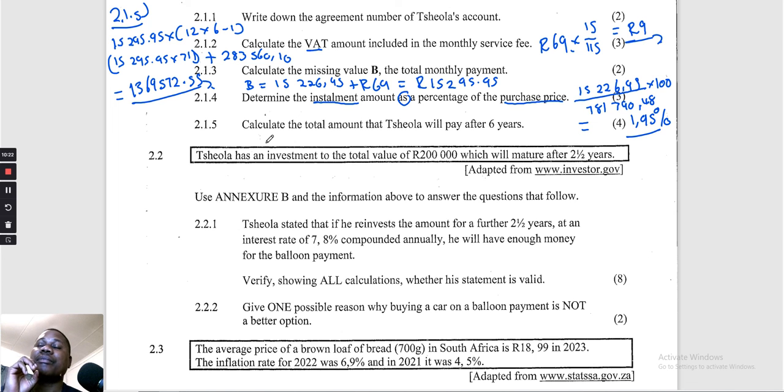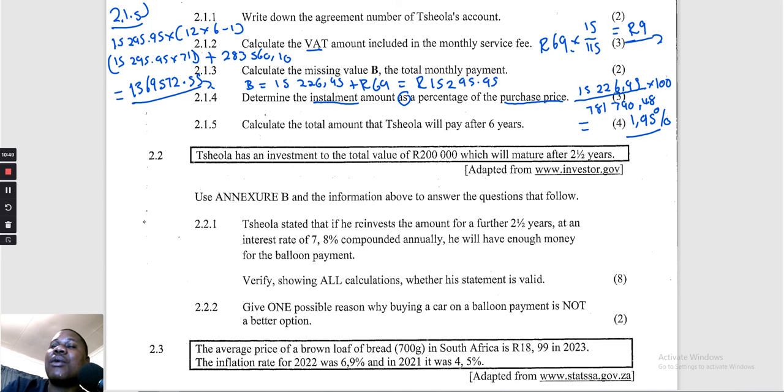Remember, he initially invested for 2.5 years. Now he wants to reinvest again for 2.5 years. So now it means Taylor is going for a 5-year investment. Now he wants to know if the amount after 5 years will be enough for the balloon payment.